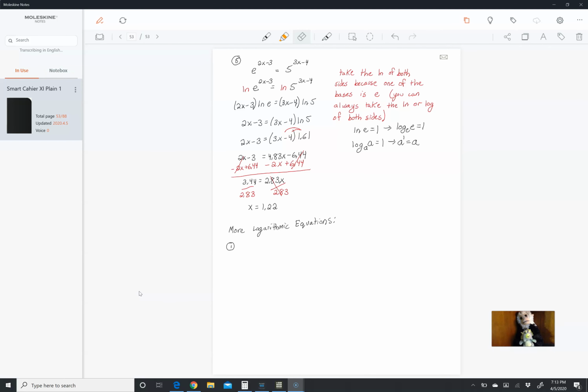So before we start, actually I'm going to erase this one because there's something that is important to mention. The argument of a log cannot be negative. And it can't be 0.